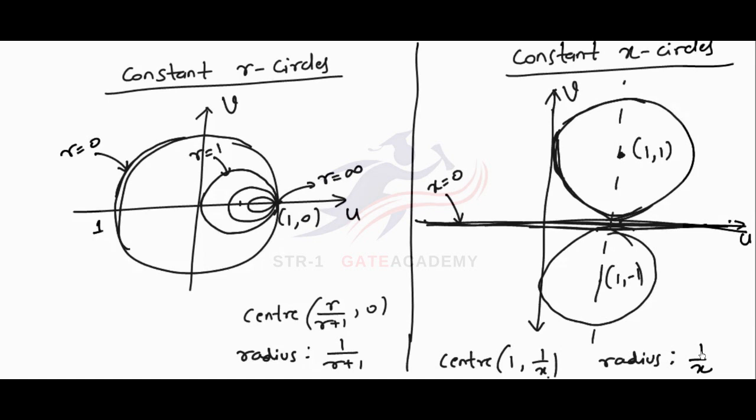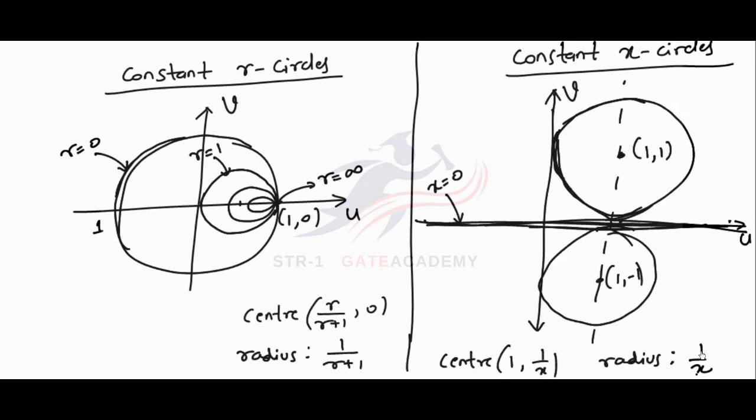Now for x equal to 2, what will happen? You observe that all the centers will lie on this u equal to 1 line. All the circles have their center on the u equal to 1 line.